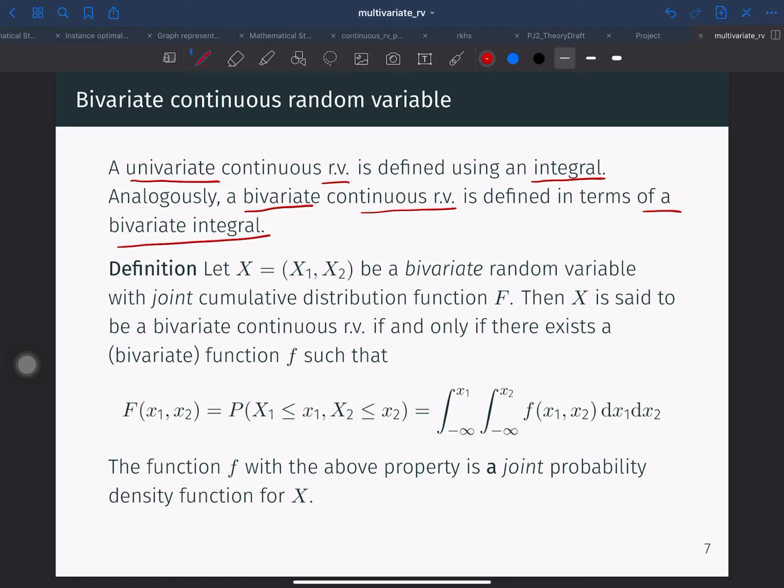We now have two random variables, X1 and X2, bivariate like we said, and suppose that they have a joint CDF, which we denote by capital F. Then this bivariate random variable X is said to be a bivariate continuous random variable if the joint CDF can be written as an integral.